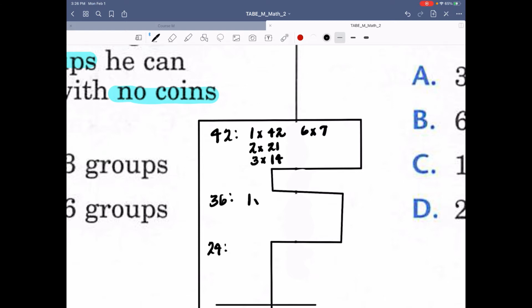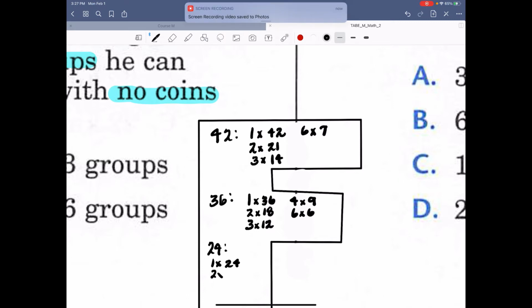Then for 36, I have 1 and 36, 2 and 18, 3 and 12, 4 and 9, and 6 and 6. And then 24, I have a 1 and a 24, a 2 and a 12, a 3 and an 8, and a 4 and a 6.